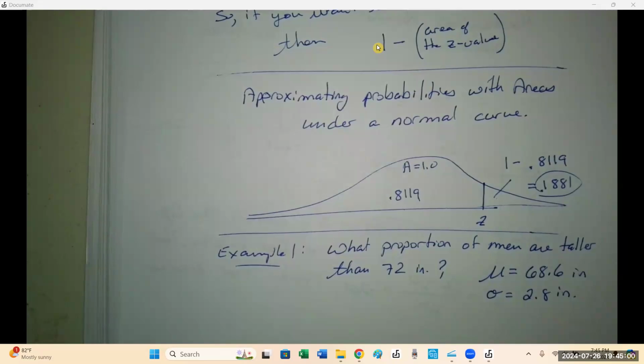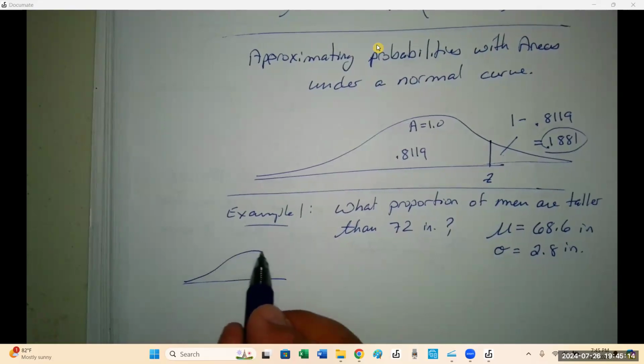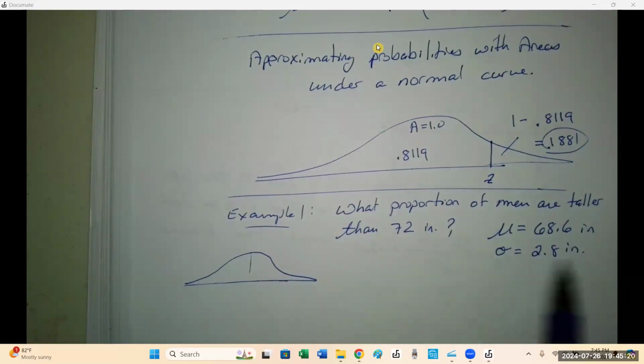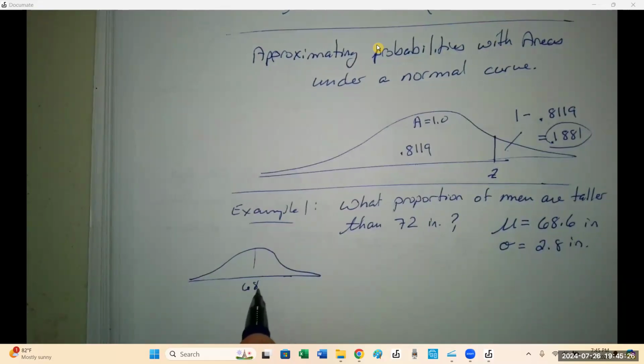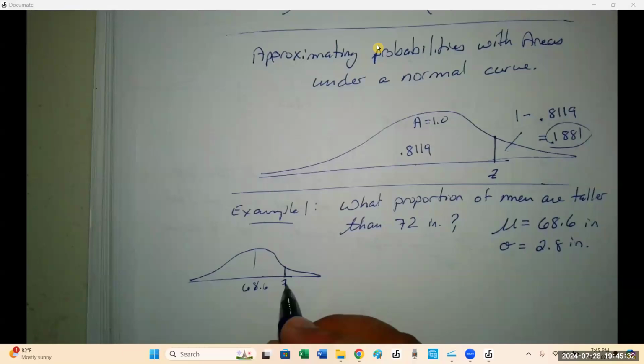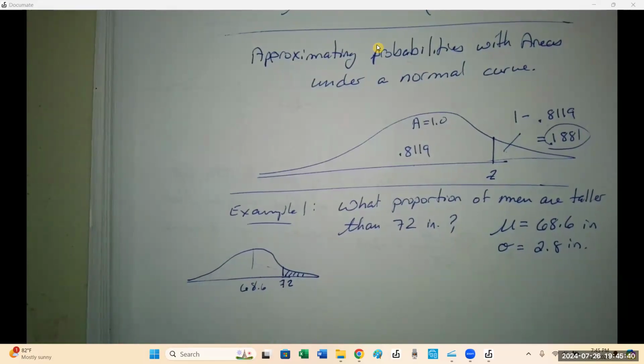Find the percentage of men who are taller than the shower head positioned at 72 inches above the floor. Here's the mean. So the mean is 68.6. We're looking for taller than 72, so we have to find the area to the left and subtract it from 1.